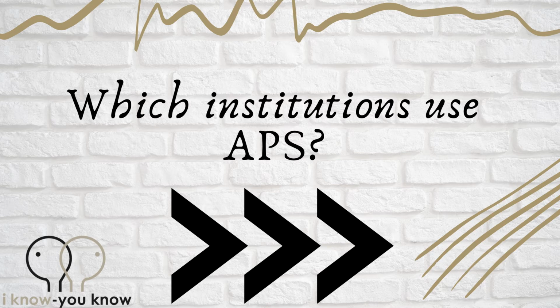Okay, so which institutions actually use APS points? Universities use APS points, as well as universities of technology / technikons. They do use APS points when you are applying to them. I have not come across a college that does use APS points.